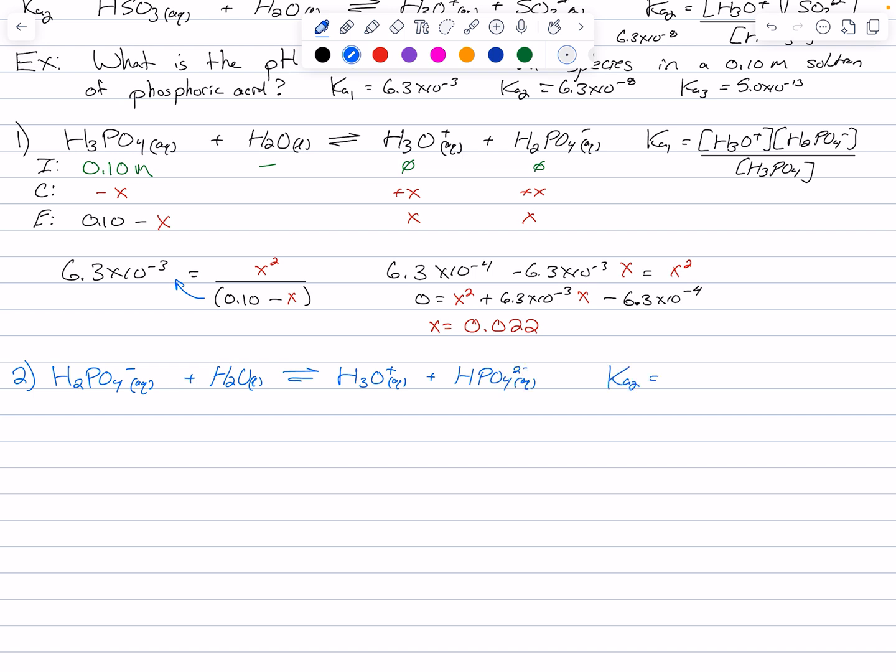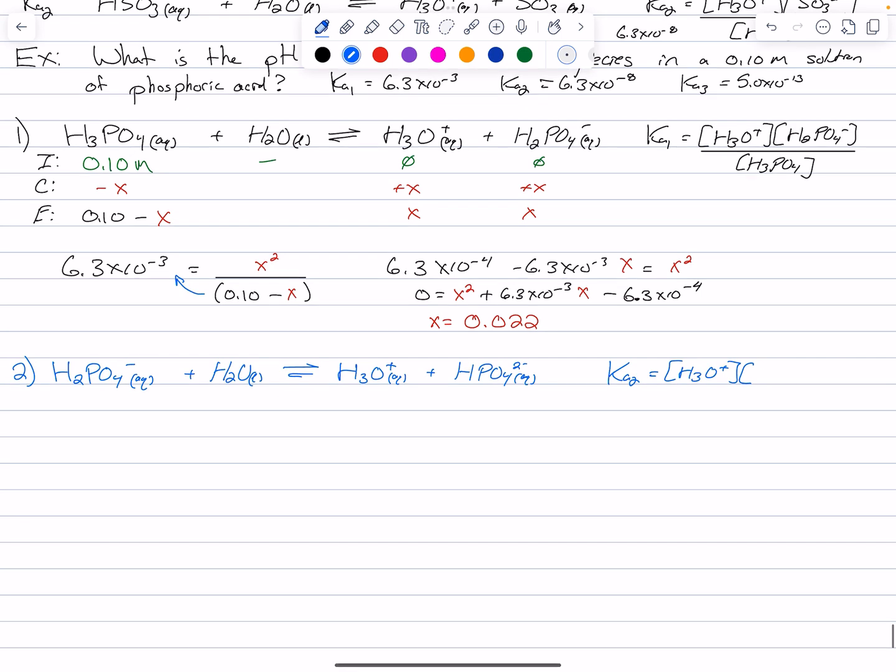Ka2's expression: hydronium, hydrogen phosphate, over dihydrogen phosphate.